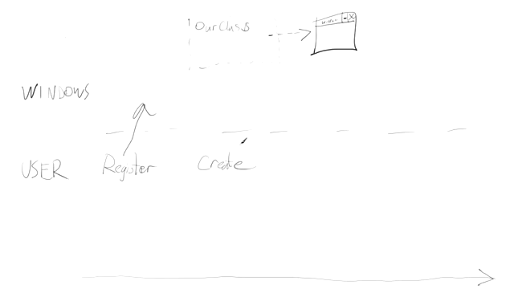So when we call create, it uses our class as a template to actually instantiate a real instance of our window, and it gives us back a handle to this window.